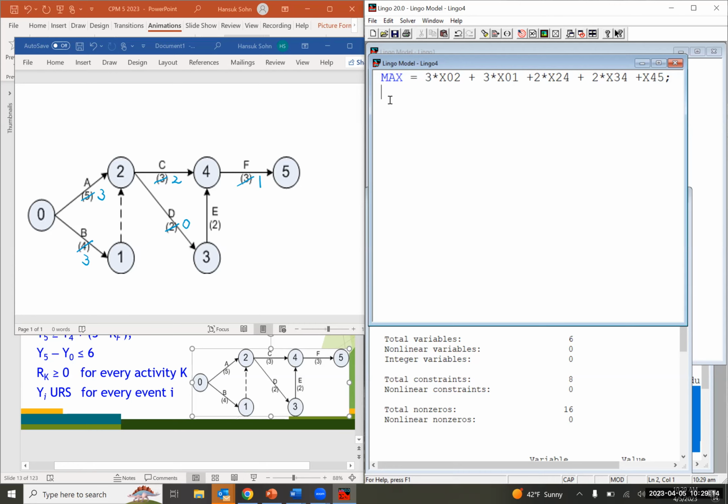So that's going to be inflow minus outflow equals net flow, right?